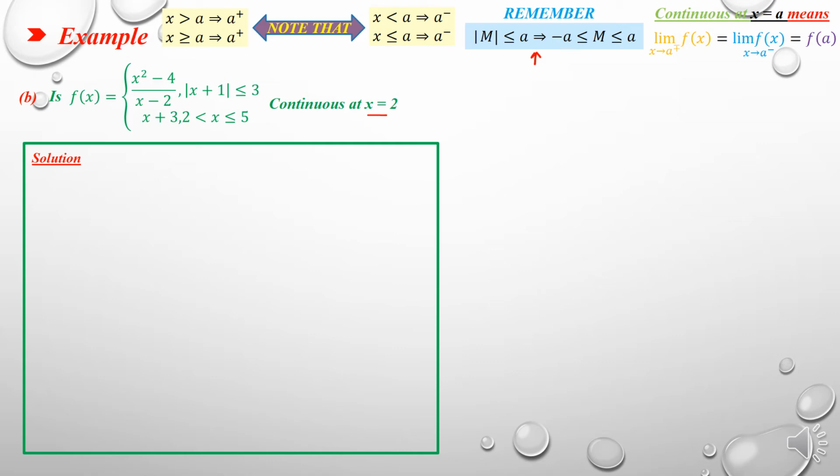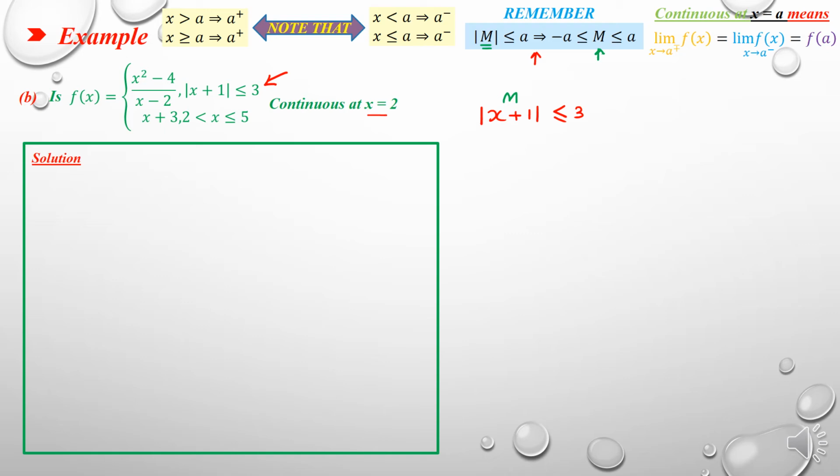So in the first interval, we have absolute value of x plus 1 less than or equals to 3. Now you have to use this rule and you have to rewrite. The quantity inside the absolute value, which is m in our rule, is x plus 1 in our question.